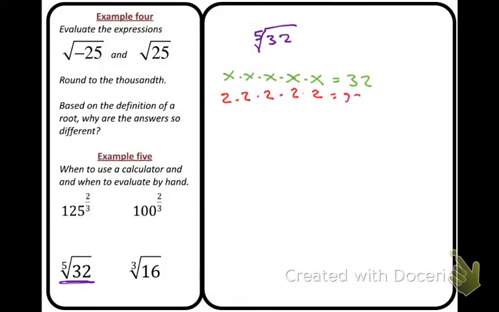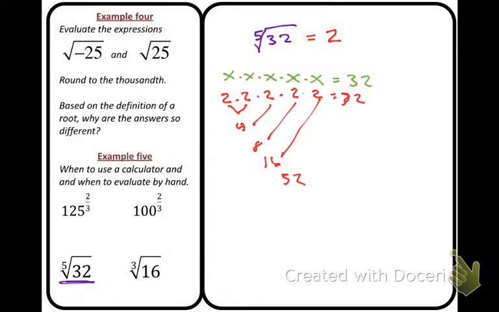Let's see if that equals 32. 2 times 2 is 4. 4 times 2 is 8. Times 2 is 16. Times 2 is 32. There's our answer. So the 5th root of 32 is 2. So we don't need a calculator for that one.